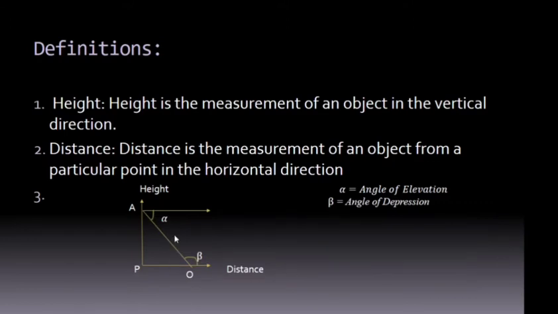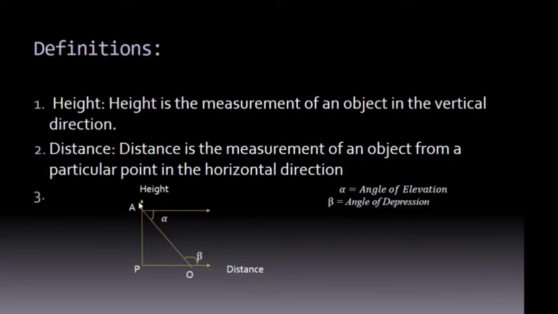Okay, now the angle. We have to consider here two angles that come into the picture here, alpha and beta. Alpha is called the angle of elevation and beta is called the angle of depression. Now what is alpha?